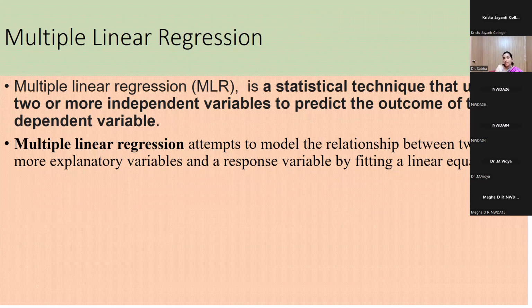In multiple linear regression, you identify whether there is a relationship between the dependent variable and the independent variables, where there will be two or more independent variables. It's not like simple linear, with one independent and one dependent. Here, there is one dependent variable and two or more independent variables.